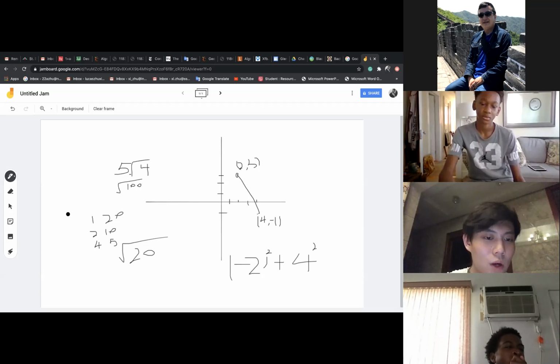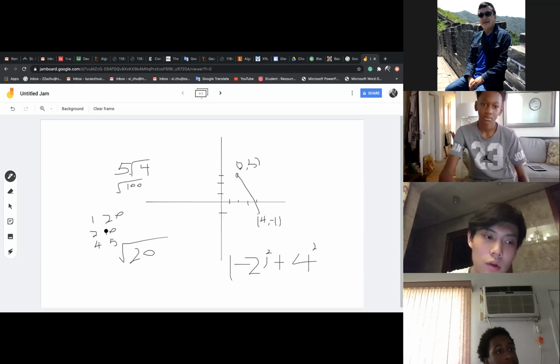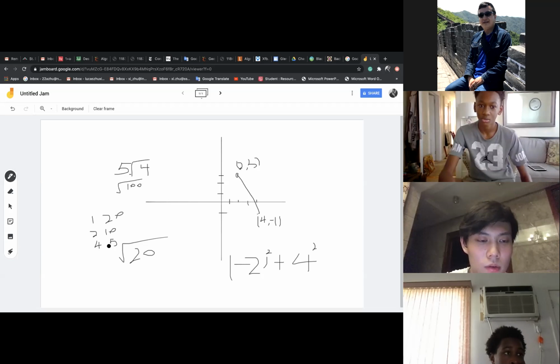But look, which one has a perfect square? What times what can get a number? They have to multiply the same number.